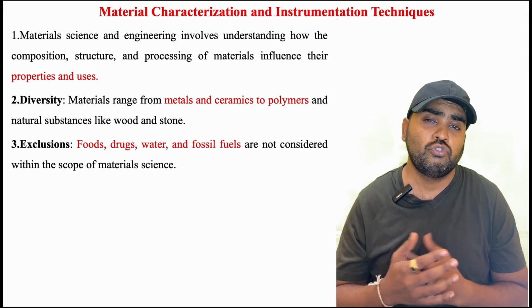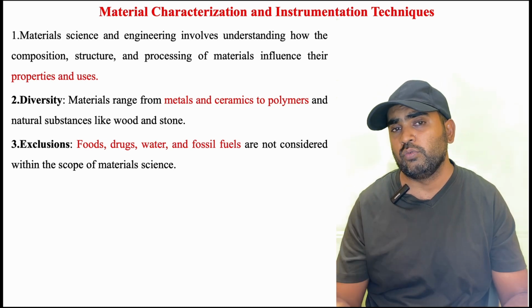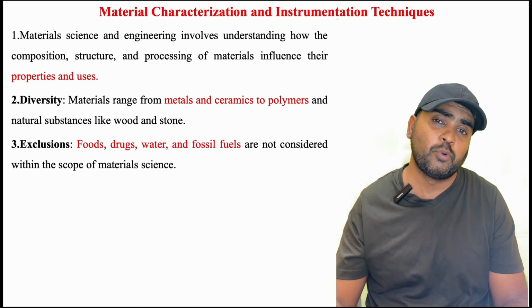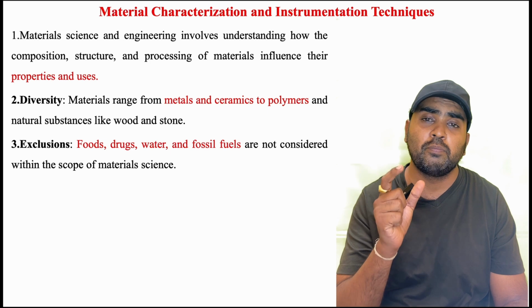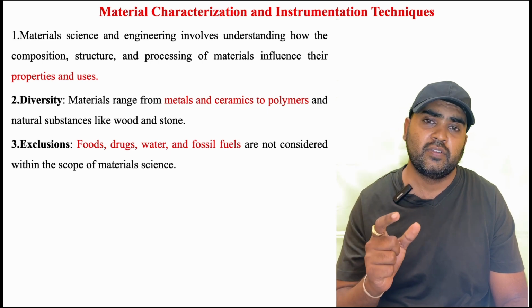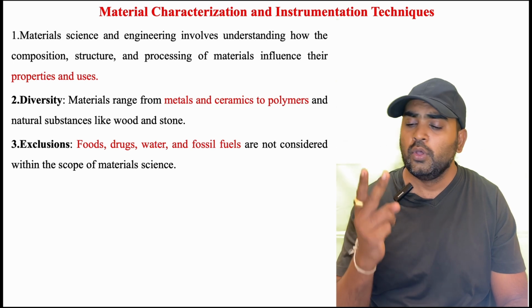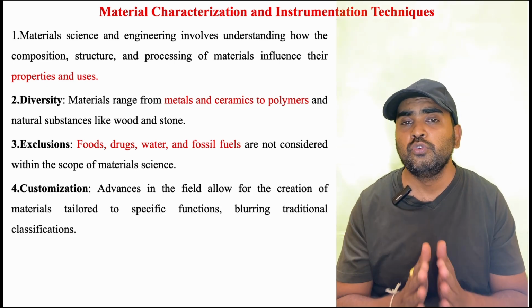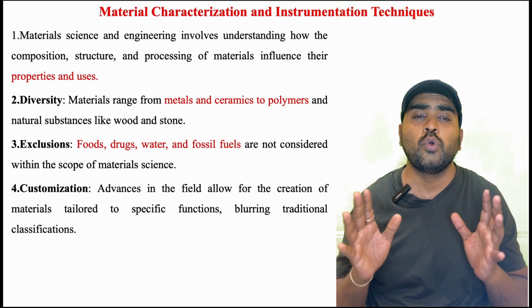Sometimes we can also choose any natural wood or steel. And what are the materials that are completely prohibited from changing their basic structure or basic characteristics? First one, food, water, fossil fuel, and materials whose characteristics must not be changed.